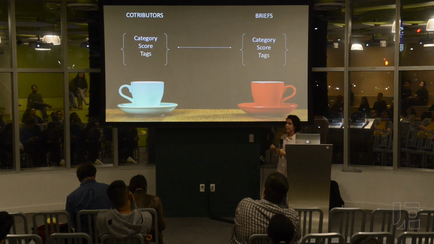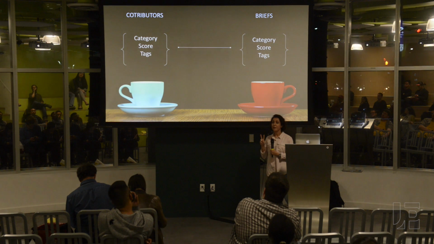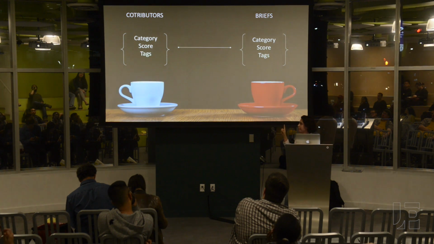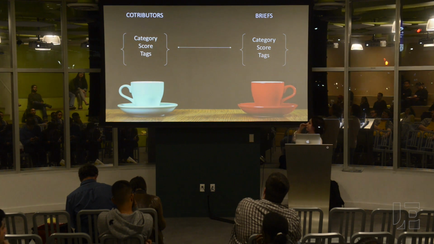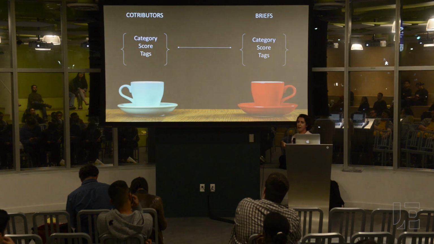So for that, we built two vectors, one out of the brief and the other one out of the contributor. For the brief, we know what types of shooting you're doing, what the best score of a photographer could be, and also what kind of tags that brief requires.